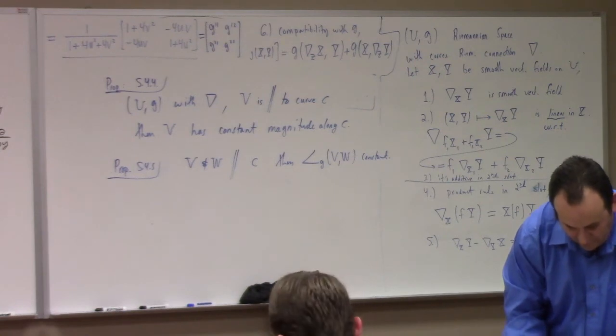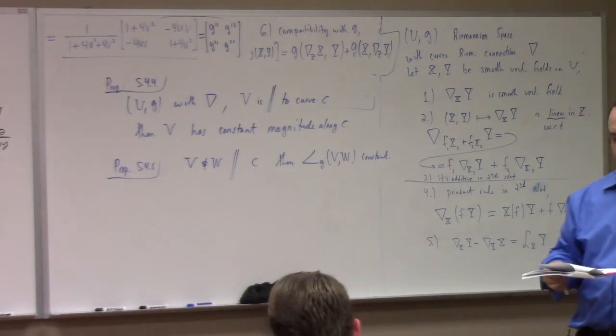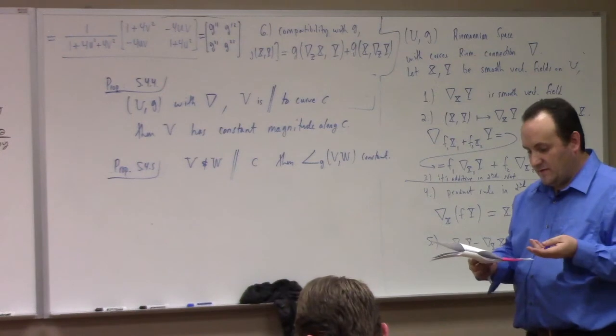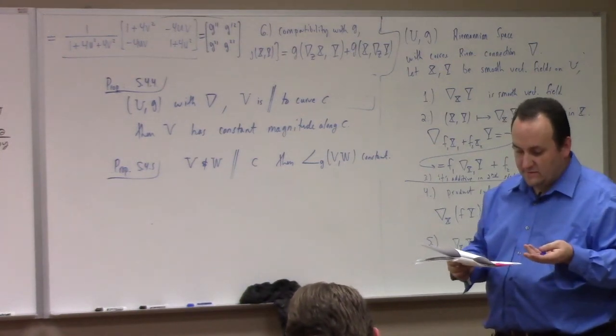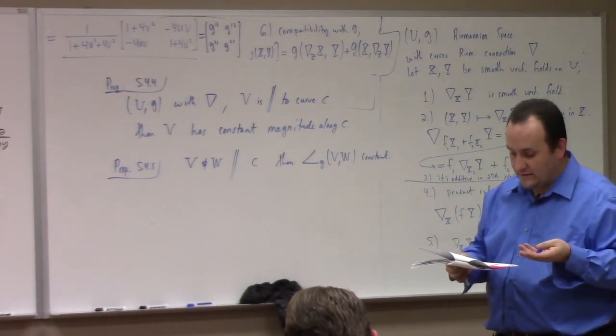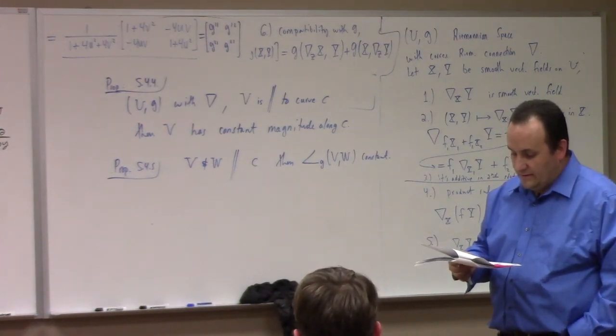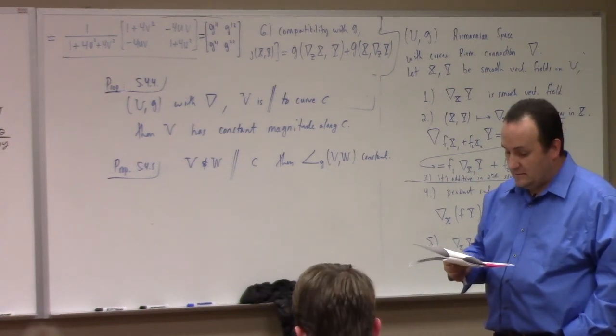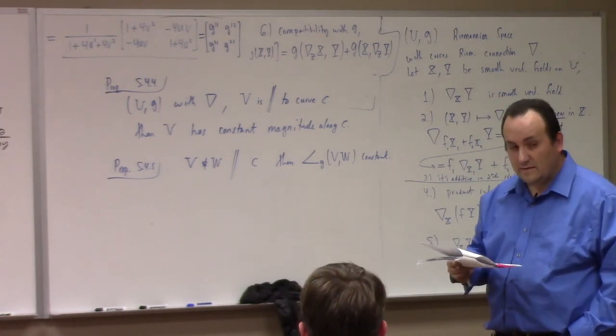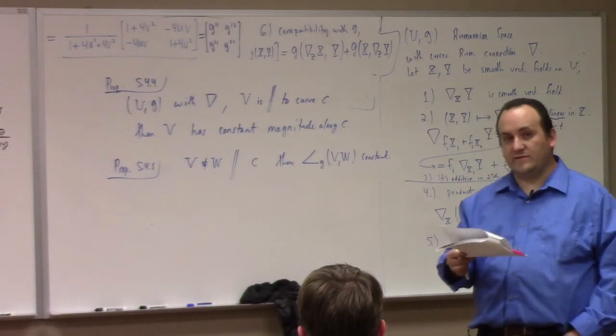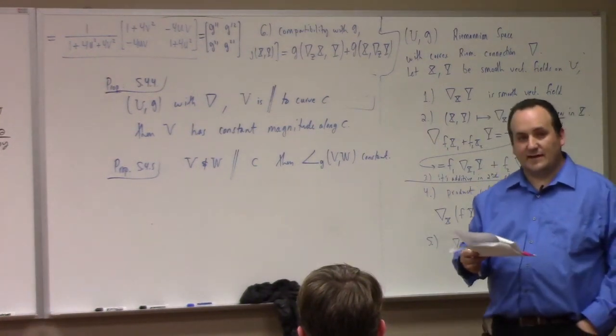Theorem 5.46 says this: if you have a Riemannian space with a corresponding Riemannian connection nabla, you've got a smooth curve, and you have a vector V naught in the tangent space at P, then there is a unique parallel vector field which starts at V naught and is constant along the curve.